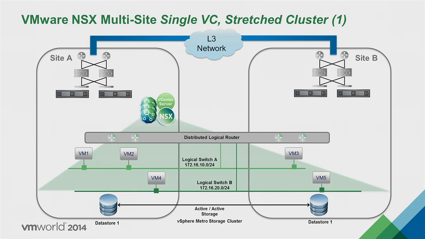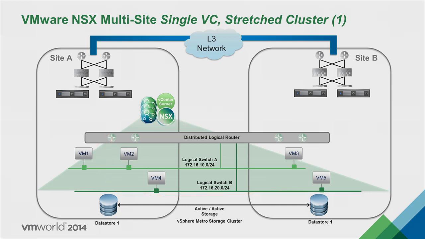Then, virtual machine 1 needs to communicate with virtual machine 5. Again, routing will occur directly at the source. That hypervisor will be notified by the NSX controller exactly which hypervisor VM5 is running on, and we forward using VXLAN via unicast directly to that destination virtual machine.